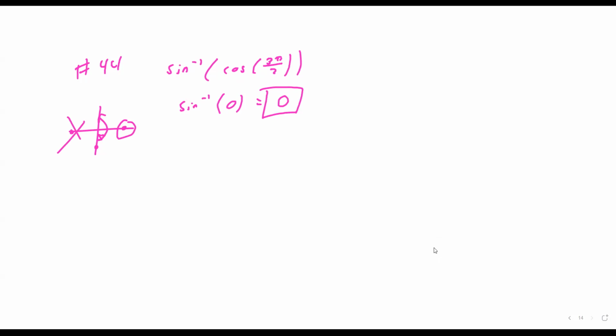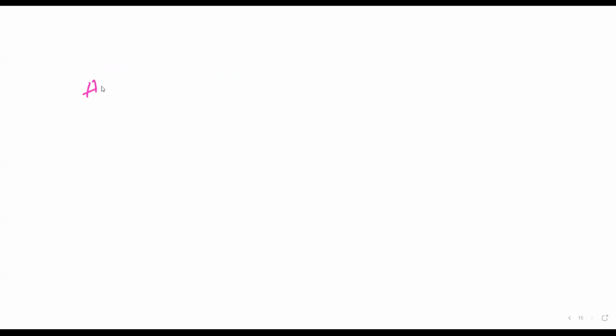All right, the next question is very similar to this one, number 50. And it says, again, without using a calculator. So let's look at this. So this is going to be cosine of secant inverse of -2. All right, so I'm basically trying to figure out where does secant equal -2.